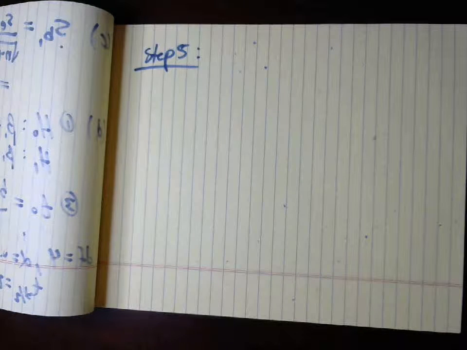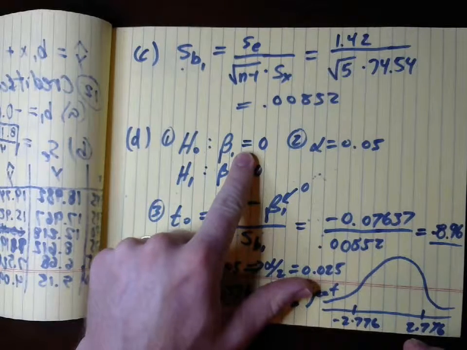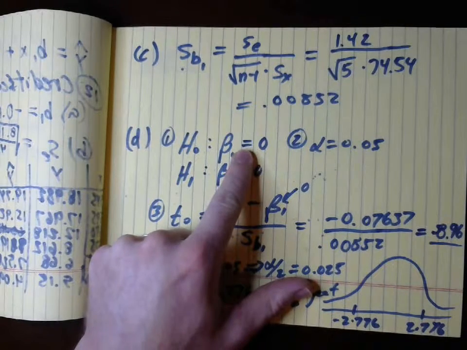The claim is: test whether a linear relationship exists between the credit score and interest rate. Linear relationship is actually not equality, because it's all based off of B1, and equality is saying that there's no relationship. That's what equality means in this case.